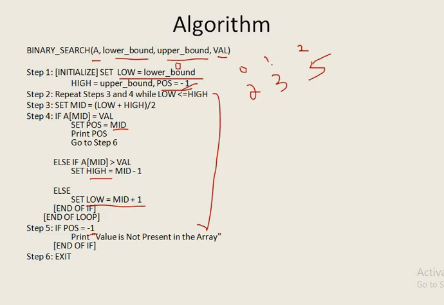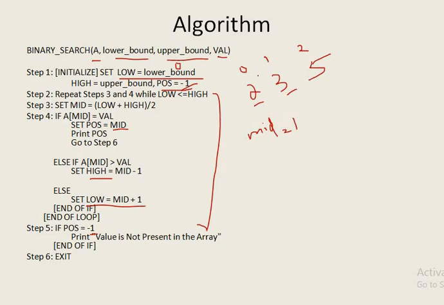The middle value will be (2 plus 0) by 2, that is equal to 1. So the mid value will be equal to 1. And let us take that we are searching for the element 2. Now the element at the mid position is 3, which does not match the element being searched.